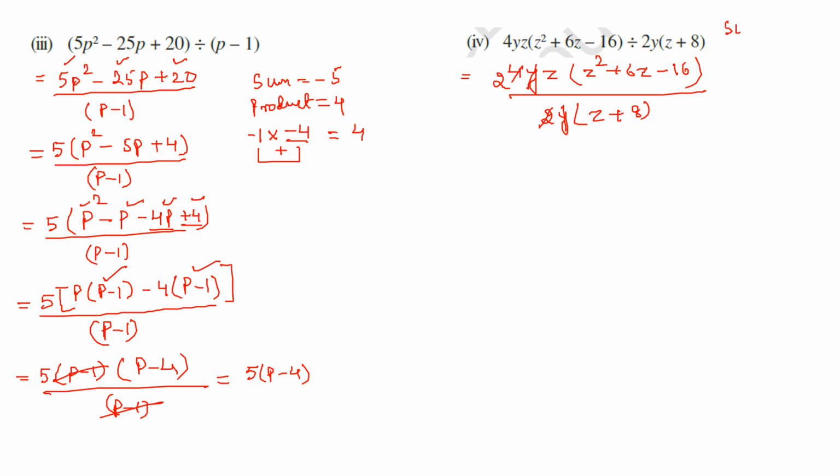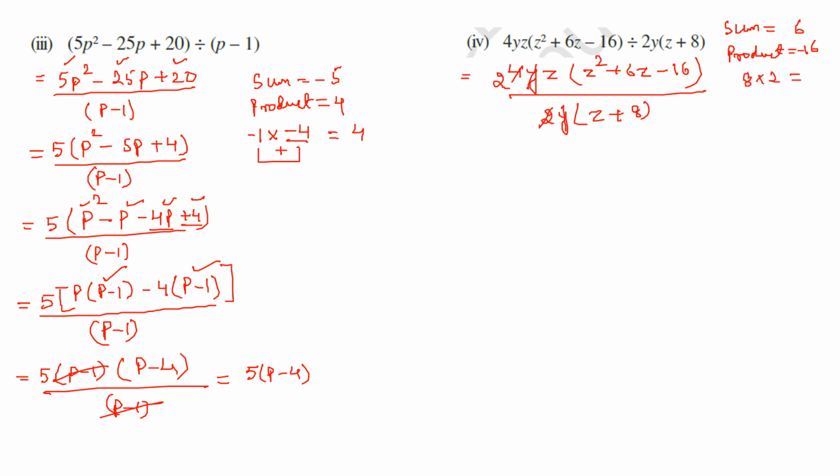So you have to find two numbers whose sum will be 6 and whose product is going to be minus 16. So if you see the denominator, it is z plus 8. It means one of the factor, it can be 8. I'm not sure, but one of the factor can be 8. Now in 8, how much you will multiply to get 16?